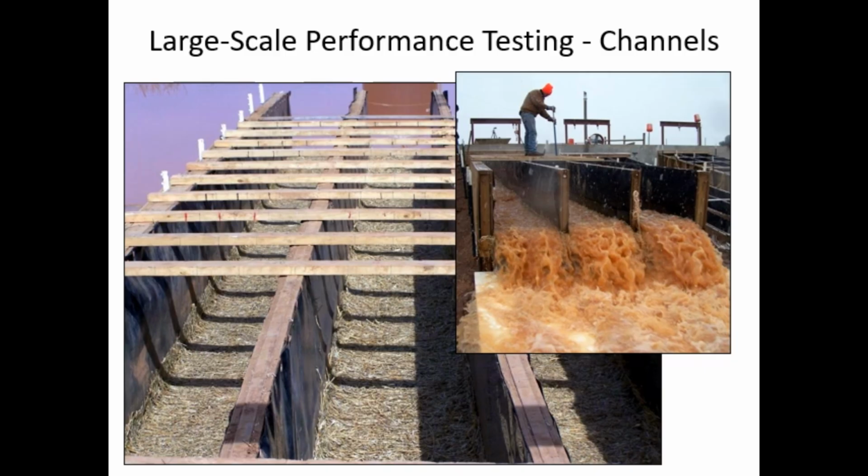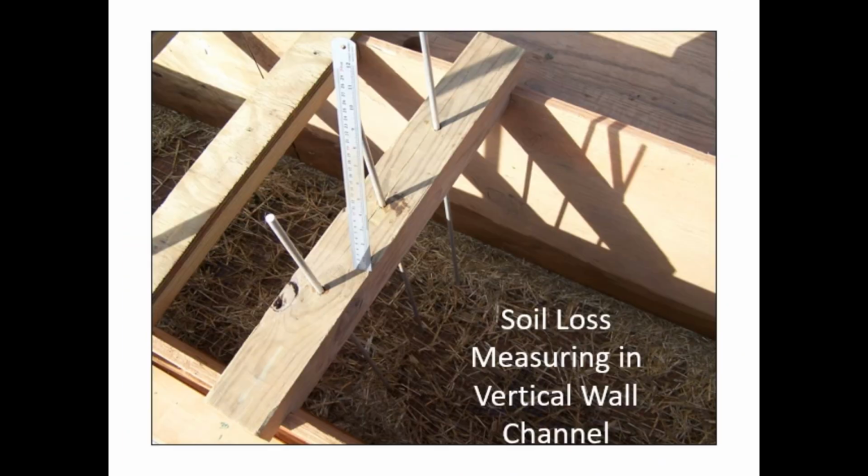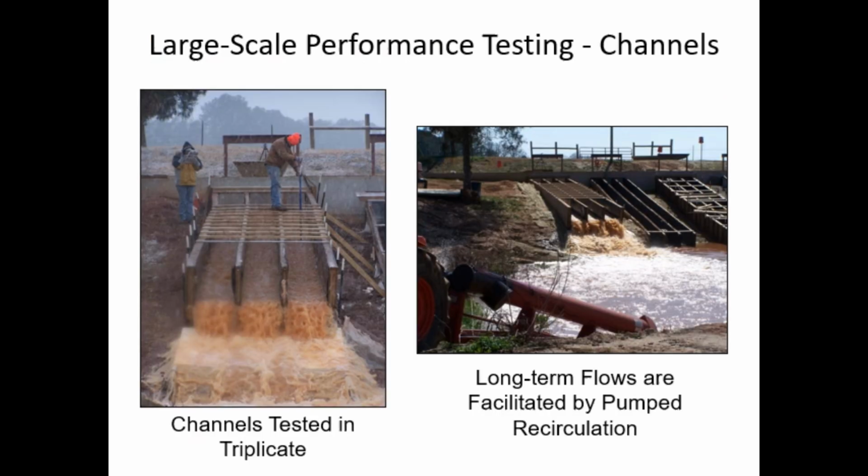Flow depth and flow velocity measurements are made during each flow event, and soil loss measurements, via measuring the distance to the soil surface, are made after each flow event. According to D6460, 4 flow events are used to complete each test series. Triplicate channels are tested, and when very high flow rates are required, circulated flows may be necessary.